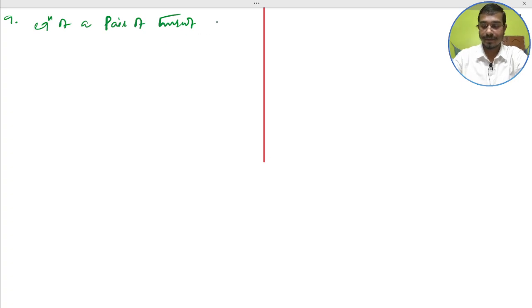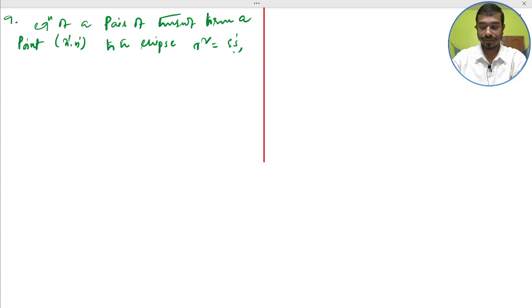The point is x dash y dash. This is nothing but T square equals S S dash, where S is equivalent to x square by a square plus y square by b square minus 1.